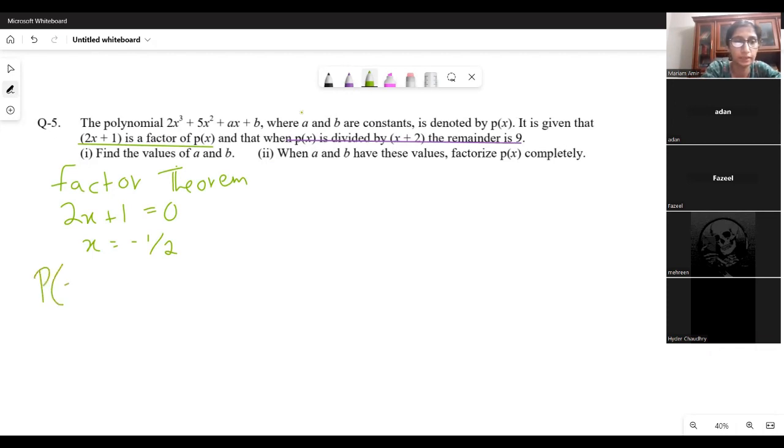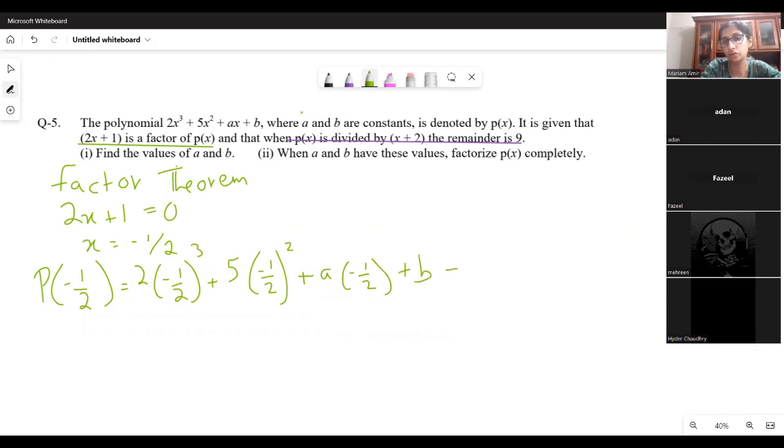So p(minus half) equals 2 times (minus half) power cube plus 5 times (minus half) power square plus a times minus half plus b, and this should be equal to 0 since the remainder is 0 if 2x plus 1 is a factor of p(x).